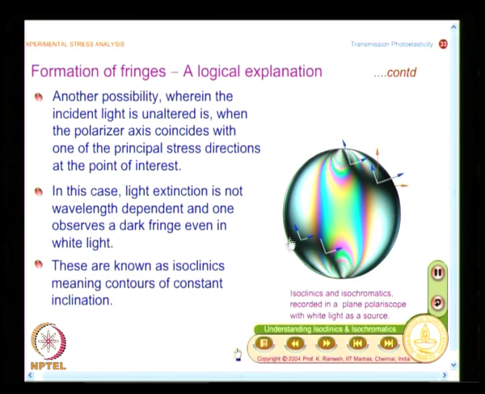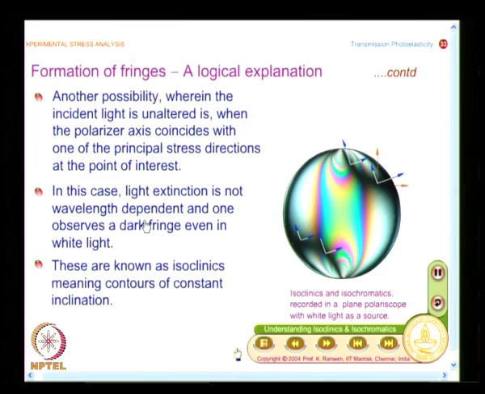And I have again emphasized, when the polarizer axis coincides with one of the principal directions, light extinction is not wavelength dependent, because I do not have another component, I have only one component that passes through.